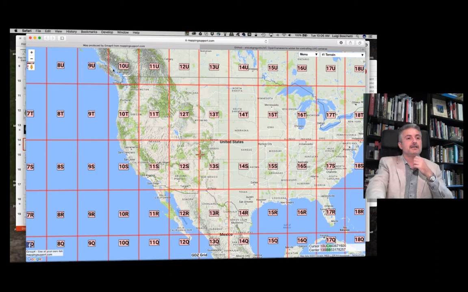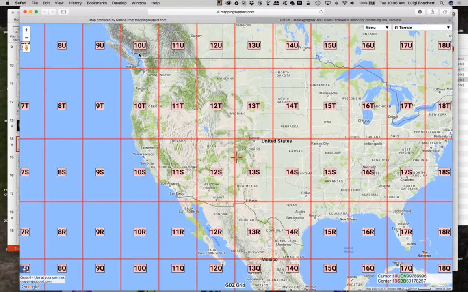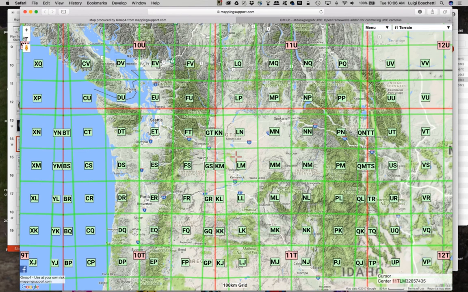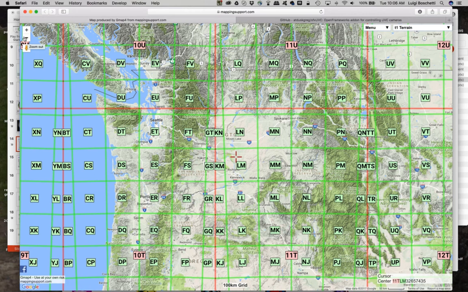So we're starting with a very zoomed out view of the United States, where we see the grid zones. As we zoom in, we start seeing these 100 kilometer cells. And we start seeing Moscow now. We are in the 11T grid zone, and we are in the MM cell.